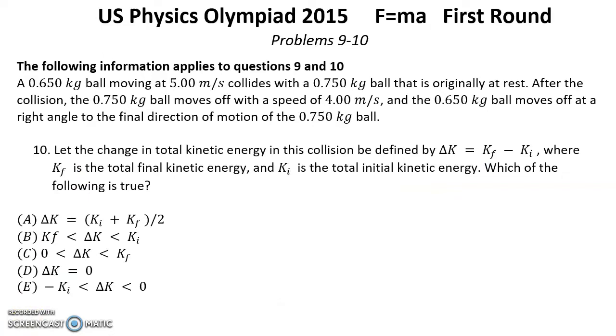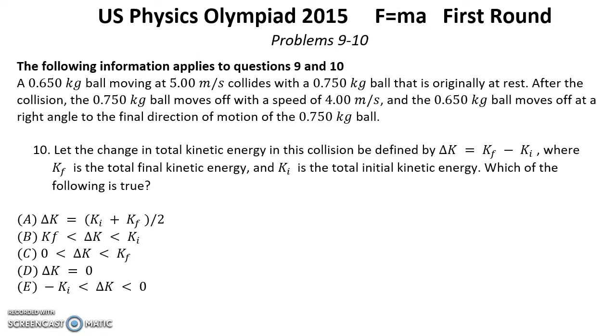Let the change in total kinetic energy in this collision be defined by delta K equal Kf minus Ki, where Kf is the total final kinetic energy and Ki is the total initial kinetic energy. Which of the following is true?